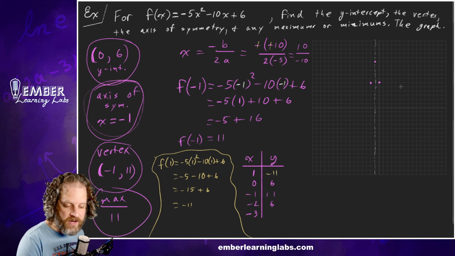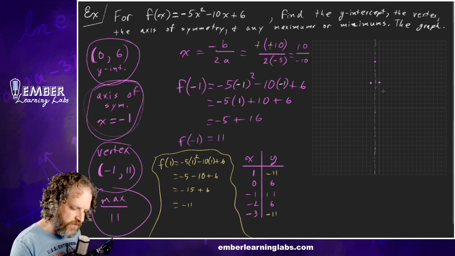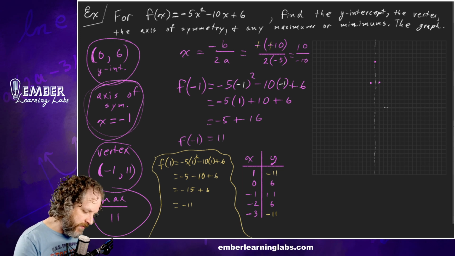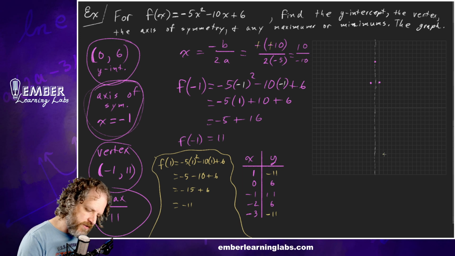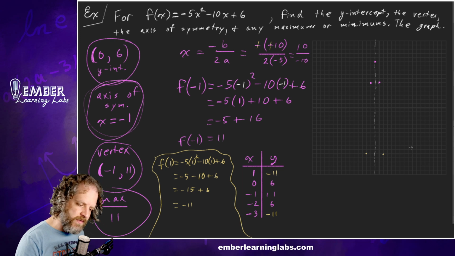And since it's symmetric, in other words, it's the same on this side as it's the same on that side, -3 is also going to be at -11. So 1, -11, going down 1, 2, 3, 4, 5, 6, 7, 8, 9, 10, 11. Put us a dot. And then the same dot over on this side.